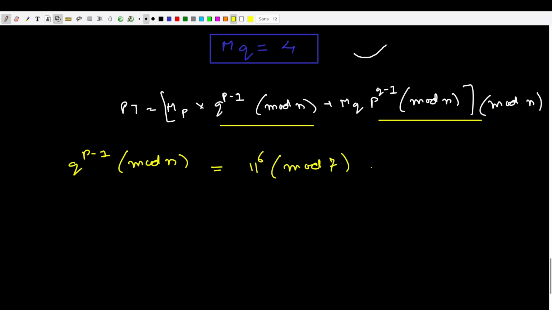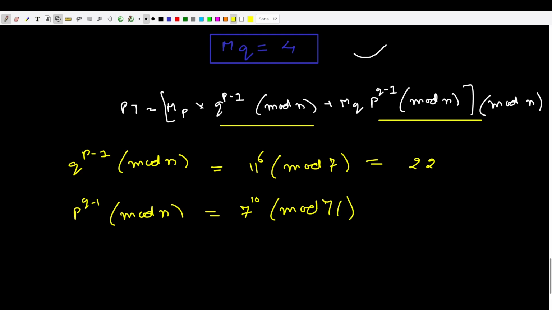If you compute this, it equals 22. Similarly, for the other term, P to the power Q minus 1 modulo n, P is 7, so 7 to the power 10 modulo 77. If you compute this, you'll get 56.